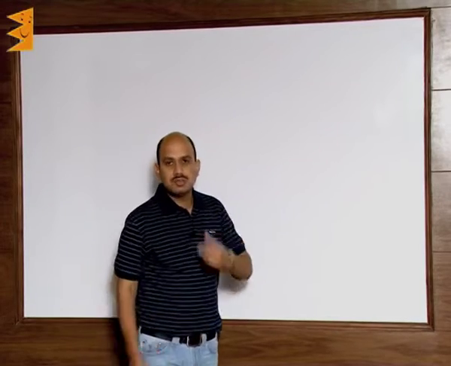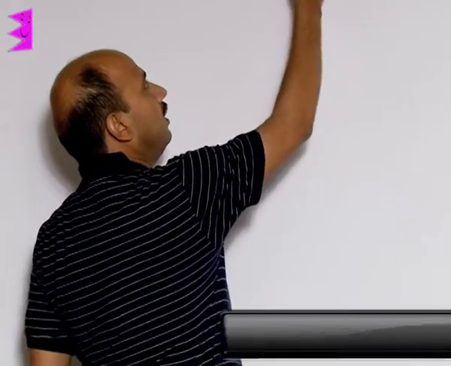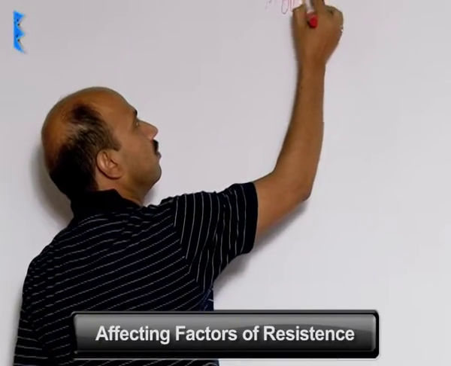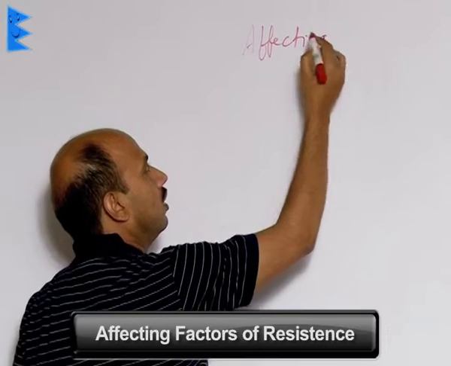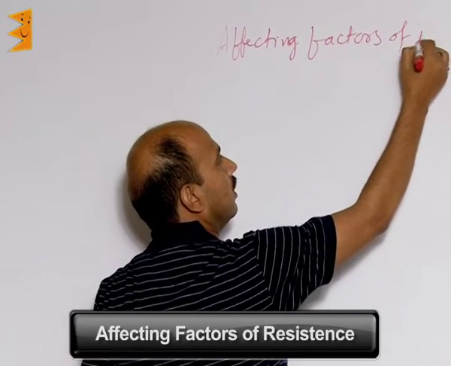We have done resistance in the previous class and we have seen what resistance is and how a conductor offers resistance. Now, we will study the factors on which the resistance of a conductor depends. See, the affecting factors of resistance.